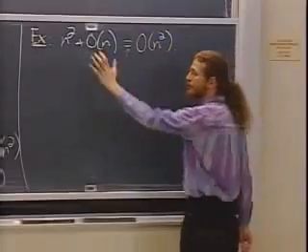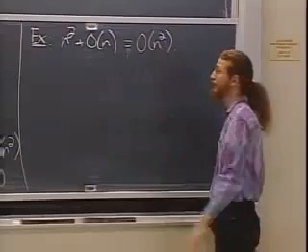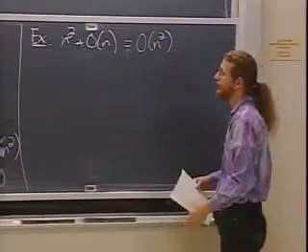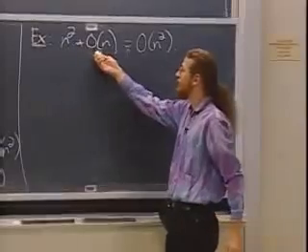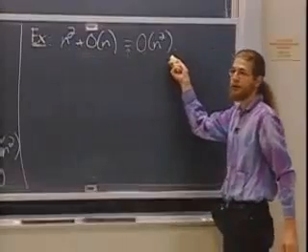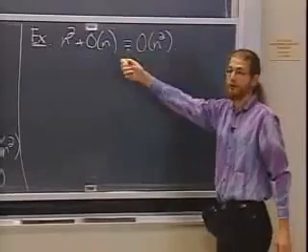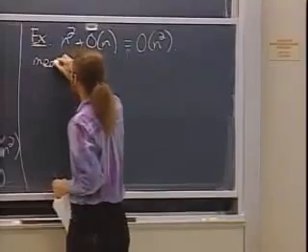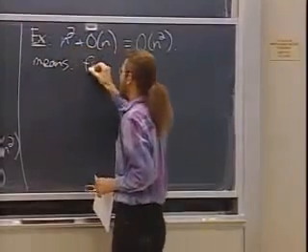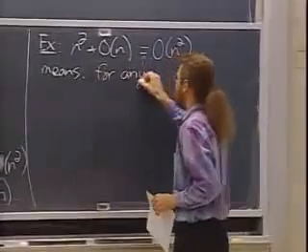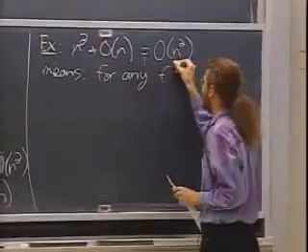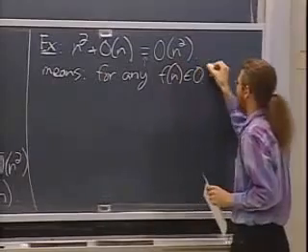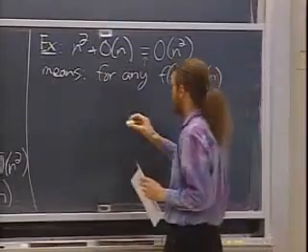So there's an implicit for all on the left-hand side, and there exists on the right-hand side. This is a true statement. Anything that is n squared plus big O of n is also big O of n squared, but not the other way around. So this is a bit asymmetric. This, if you think about it, is pretty intuitive, but it's subtle, so you should be careful.